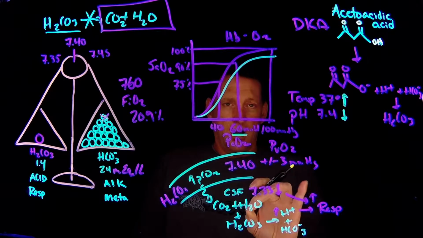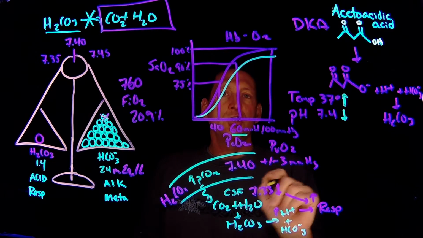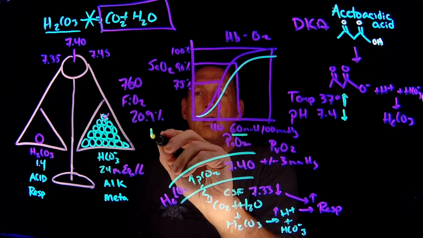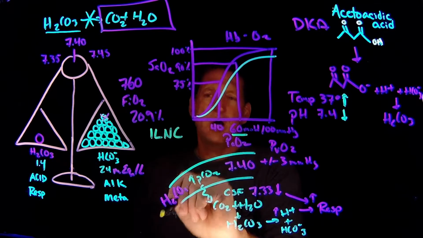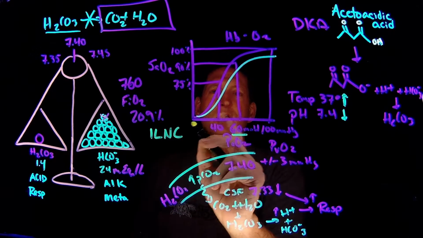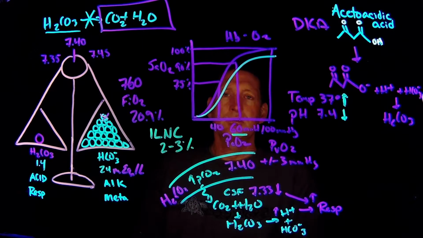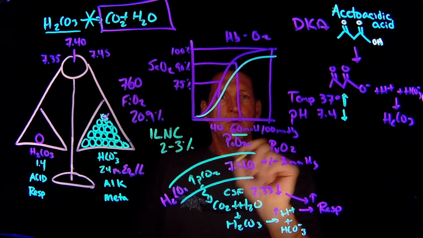So I also know that I can adjust it back up. If I put a person on 1 liter nasal cannula oxygen, that's going to increase their oxygenation about 2 to 3%, and they should respond to that.